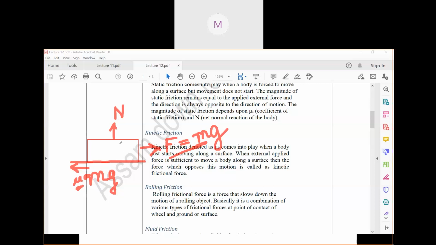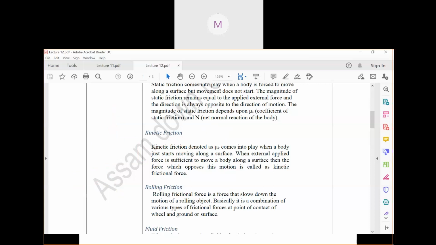Now in this diagram, let me take a different example. Suppose this is a body. Here one force is due to gravity. Here the normal reaction is applied, that means the force that is given by the body.